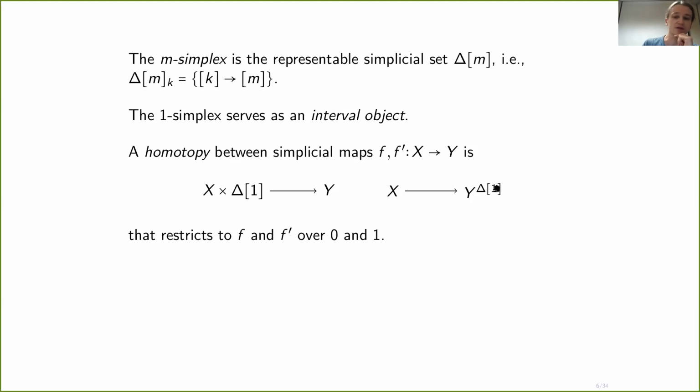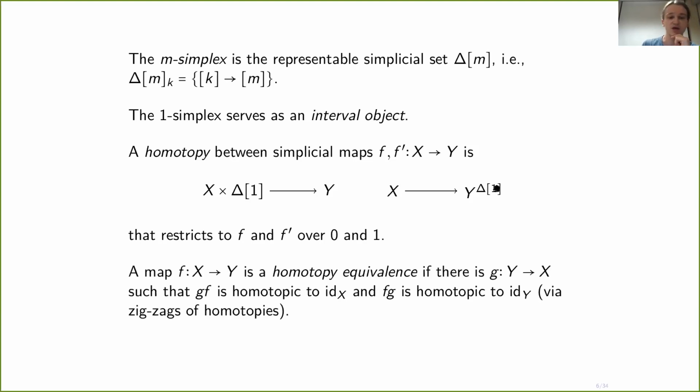Okay, and having defined homotopies, we can define homotopy equivalences, and we're going to say that a map from x to y is a homotopy equivalence if there is a map going in the other direction from y to x, such that both composites are homotopic to the respective identities on x and on y. And this might be via zigzags of homotopies.